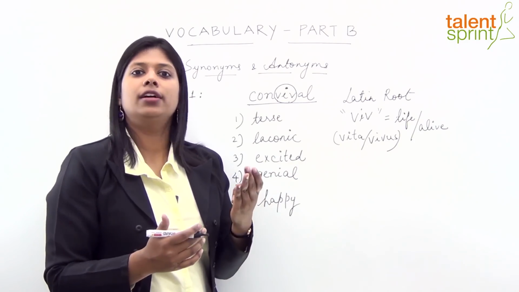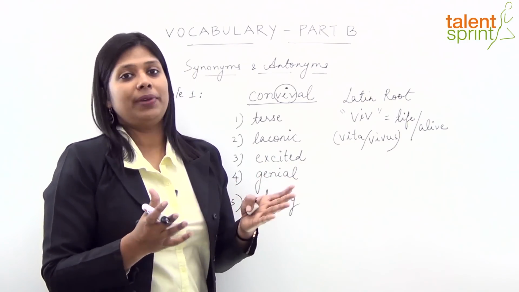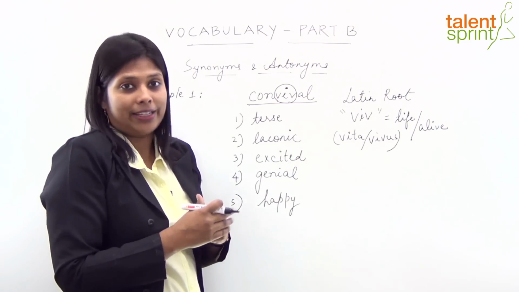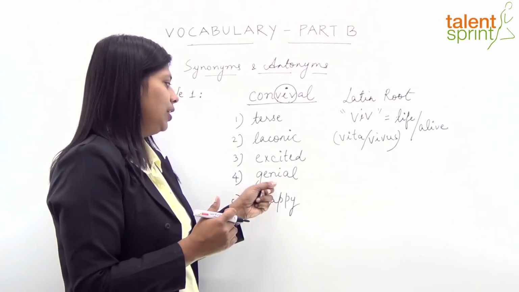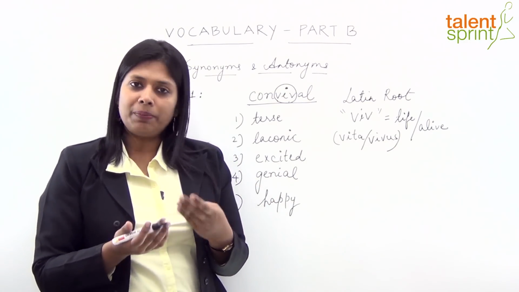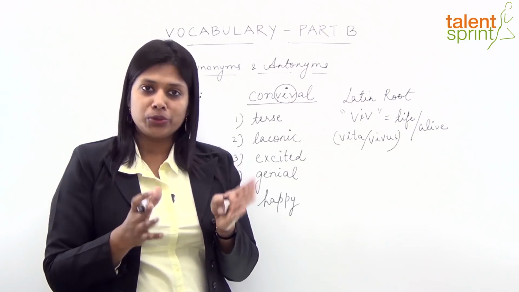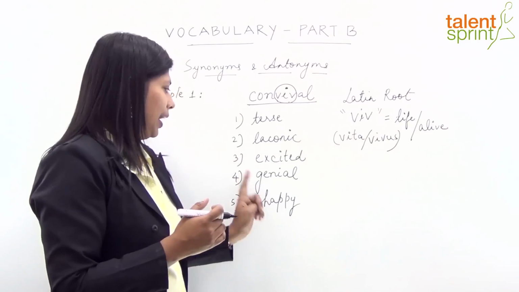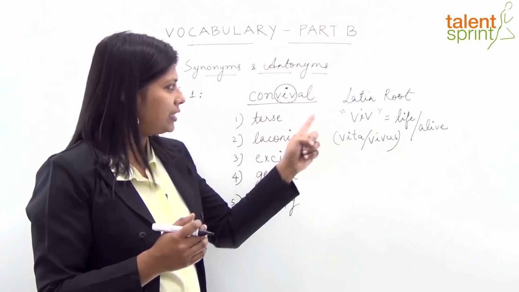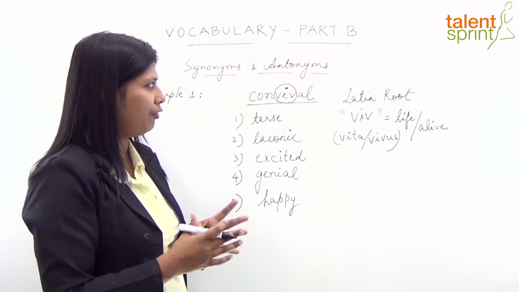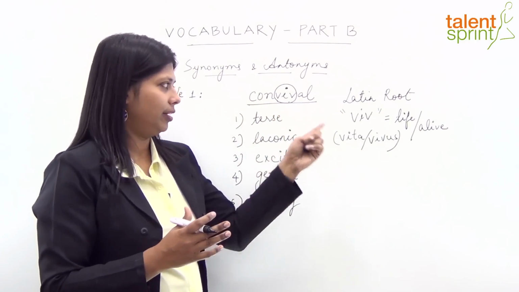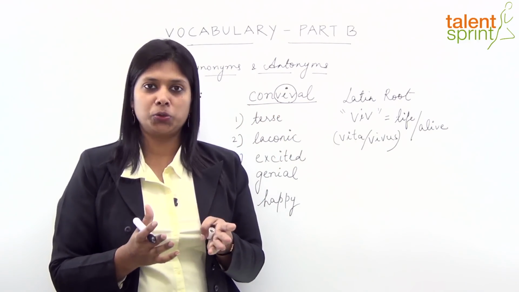All of you know it's a state when you're extremely happy and in the highest of your emotions. Genial. Genial again refers to something that is conducive, that is friendly, and happy, of course, needs no explanation. So let's now see live, alive, combining with convivial, relating it to what the root word is.